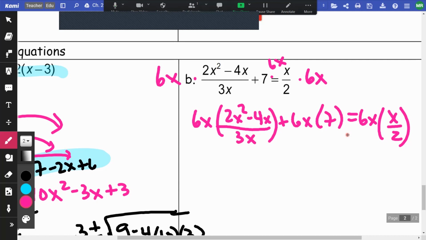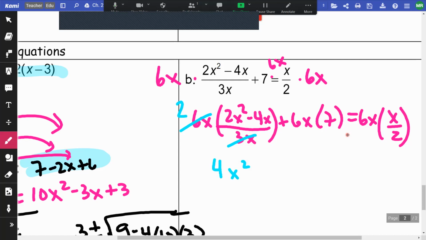So, and I see something I could have done a second ago, but let's talk about this. 3x goes into 6x twice. So then I'm going to get 4x squared minus 8x plus 42x equals, and 2 goes into 6 3 times, so I'm going to get a 3x squared.